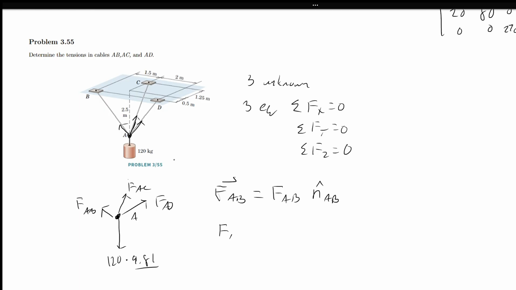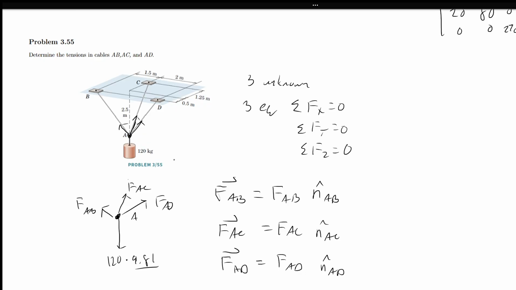Same thing for our others. Force AC is the scalar times a normal vector in that direction, and force AD is going to be equal to FAD, normal vector in that direction. Great. So we just got to find these.